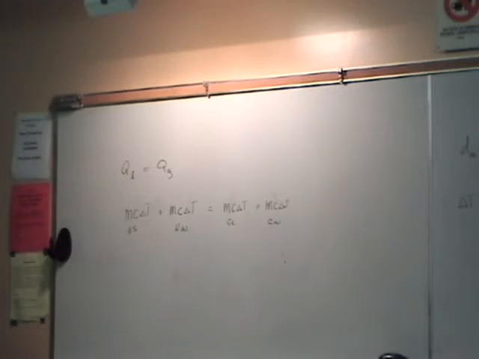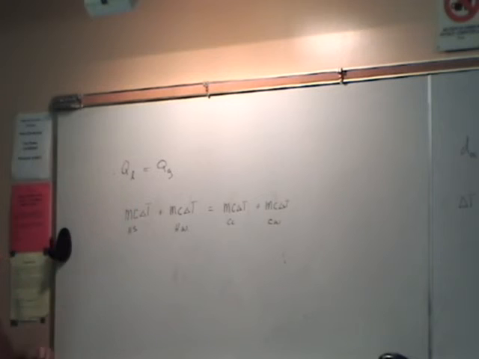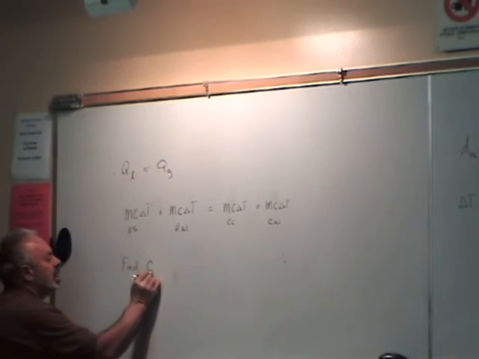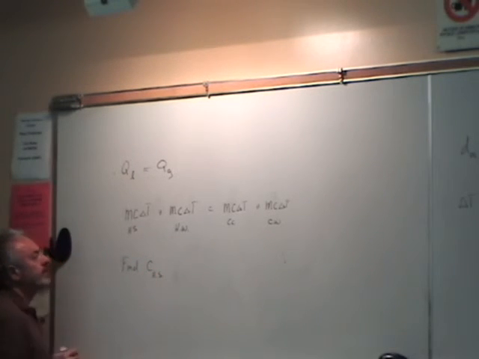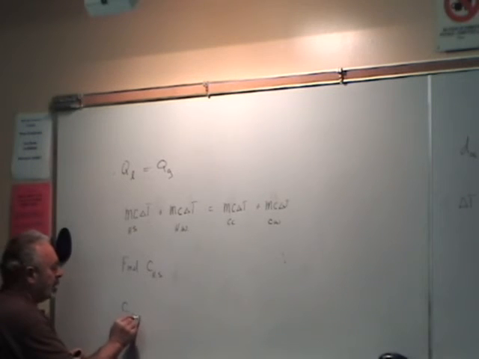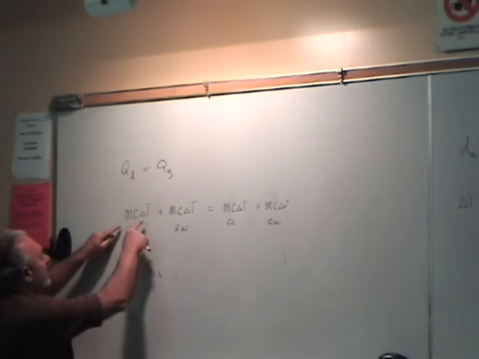Our task is to measure everything necessary so that we can get the specific heat of the shot. And of course, you can see what we're going to have to measure. We're going to have to measure combined C for the hot shot. Well, I guess we could do the math right now, couldn't we? So C for the hot shot is going to be this term, minus this term divided by these two characters.